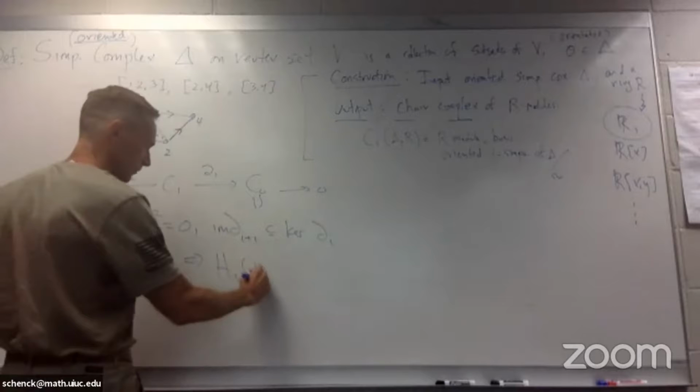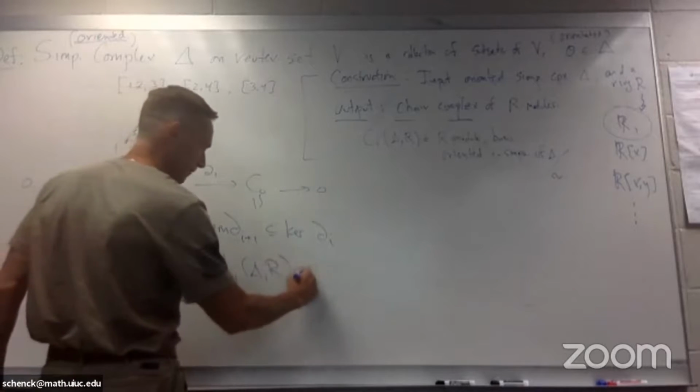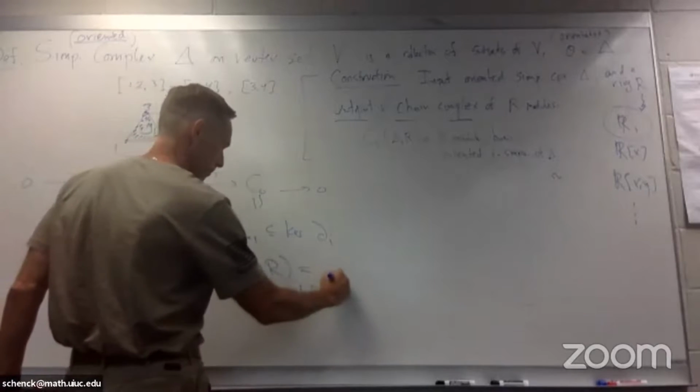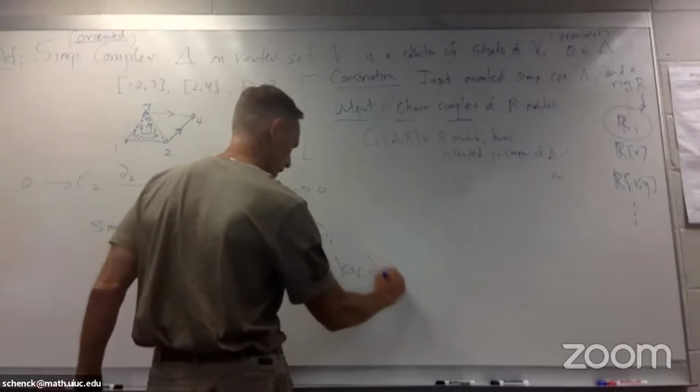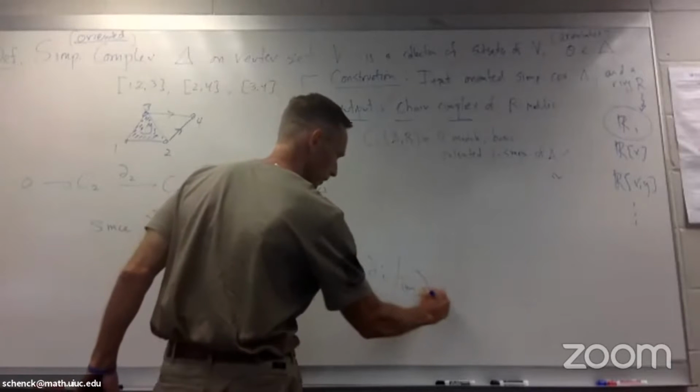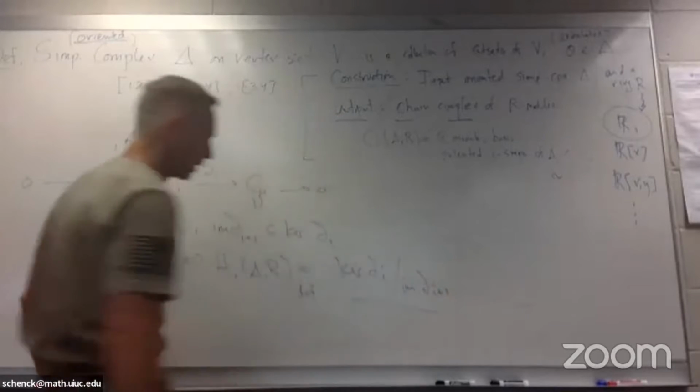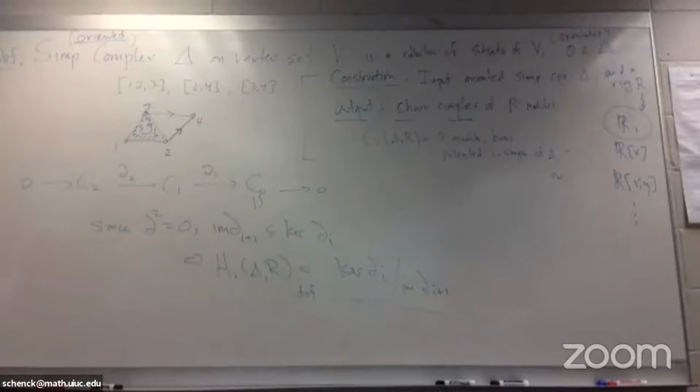So H_i of delta comma R is by definition the kernel of boundary i mod the image of boundary i plus 1.